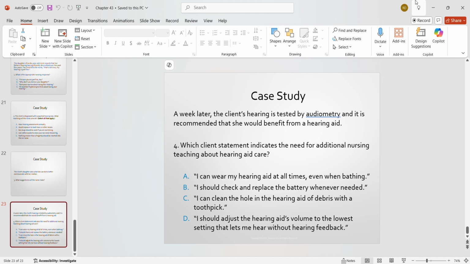Know your different types of drainage: serous, sanguinous, serosanguinous, pustulant. Know the difference between clear liquid and full liquid diets.